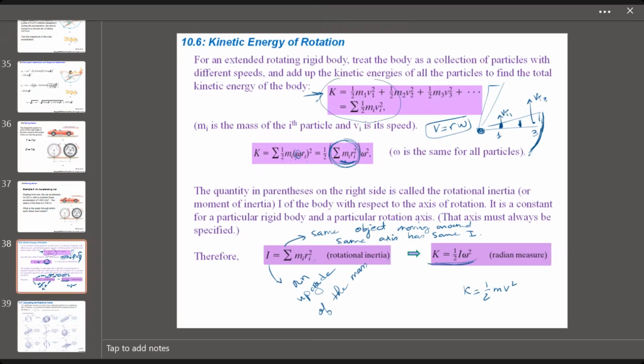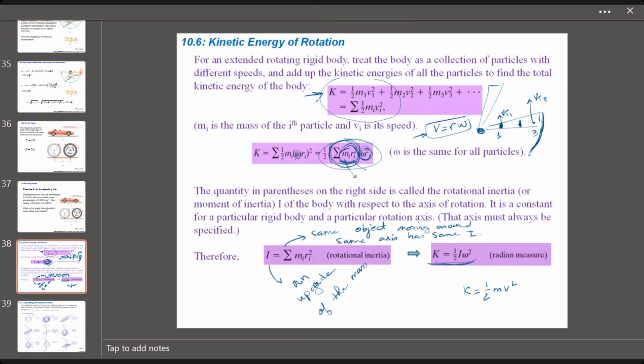So when I substituted V by R omega, I got this equation. Are you all fine with that? I substituted V by R omega, and then I ended up with the summation of half mi Ri squared omega squared. Now, omega is the same for all points on the blade, but the different points of the blade are at different locations R and different mass m.